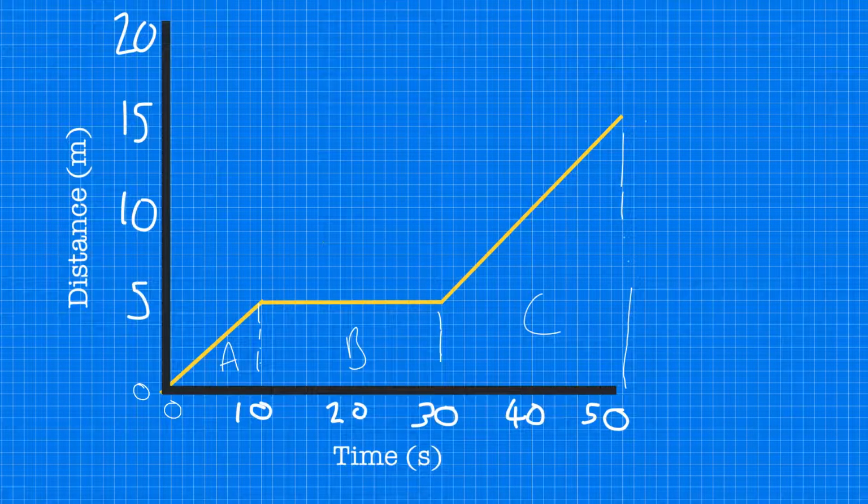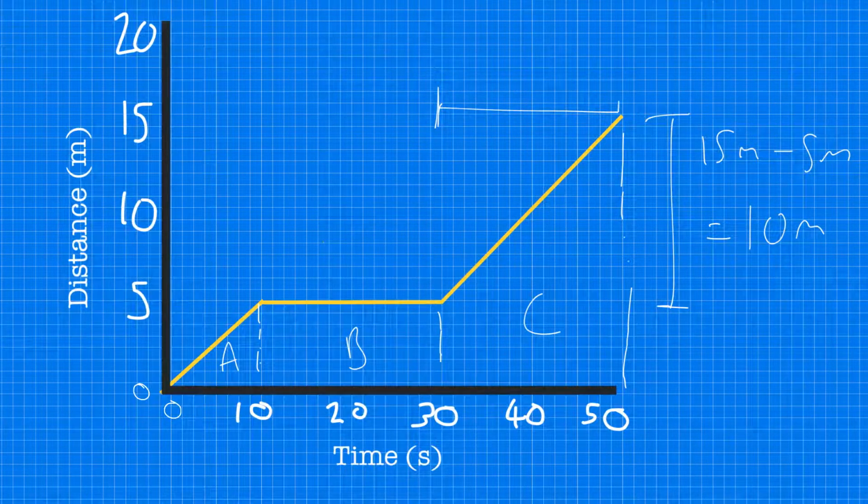If we look at the vertical difference between those 2 points, we've got 15 meters minus 5 meters, which gives us a vertical difference of 10 meters. Now if we look horizontally, where it starts and where it ends, we've got a time difference of 50 minus 30 seconds, which equals 20 seconds.